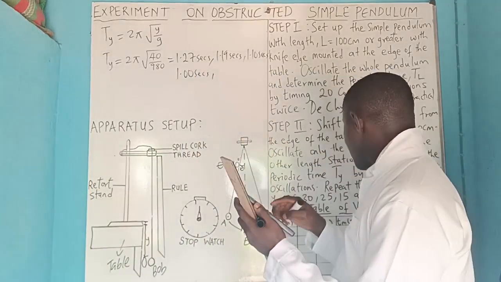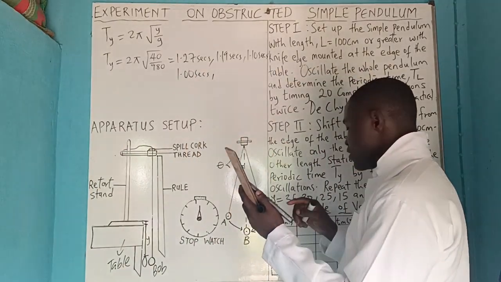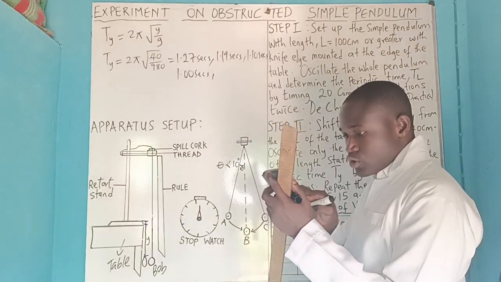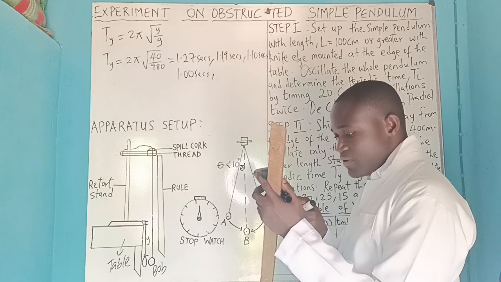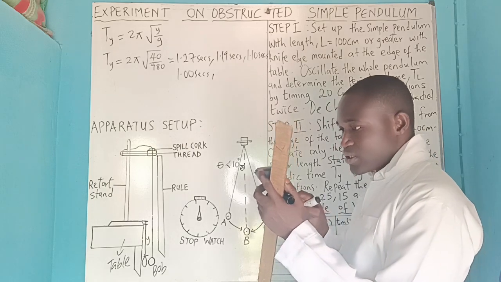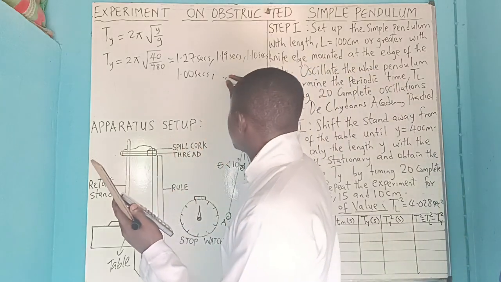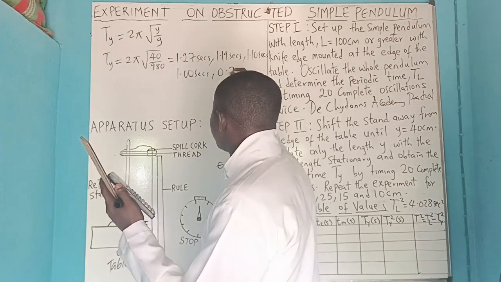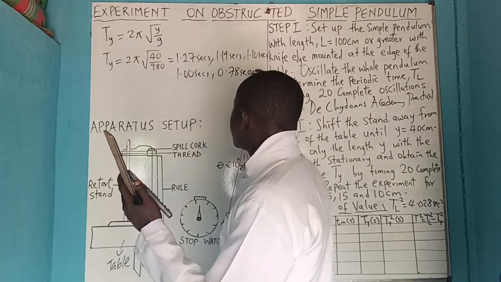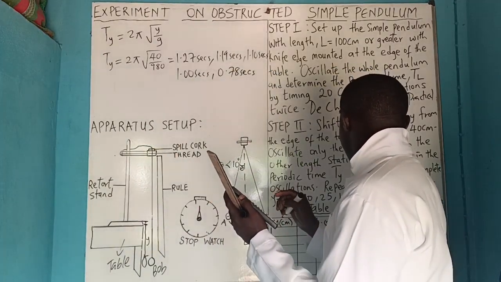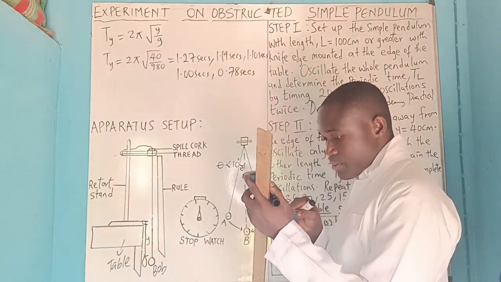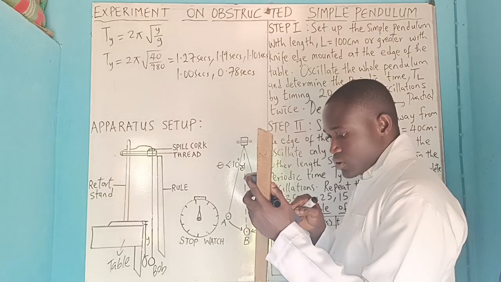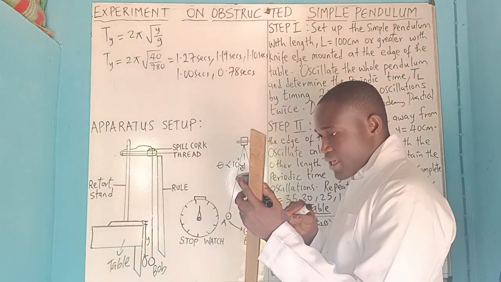You do it again for the one of 15. 2 shift pi root bracket 15 divided by 980. You'll be having 0.78 seconds. You do the one of 20, the one of 10. 2 shift pi, 10 divided by 980.